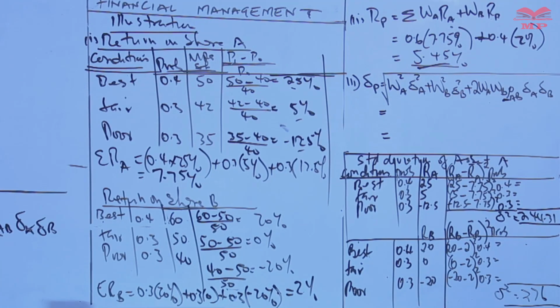Correlation coefficient is a measure of the strength of the relationship between two assets.